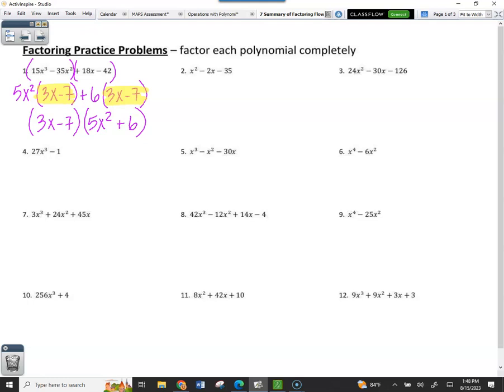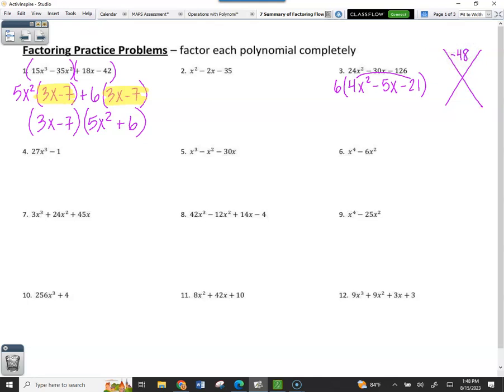So let me show y'all that fraction technique again. So if we divide a 6 to the front, the 6 stays along for the ride because it is part of the entire expression. We're going to multiply a times c. 4 times negative 21.